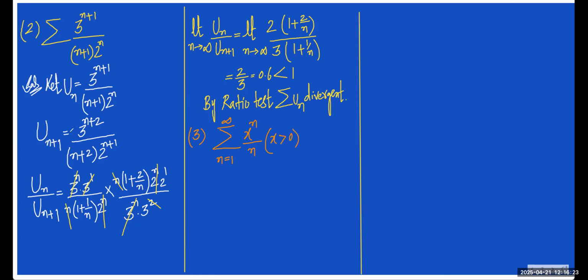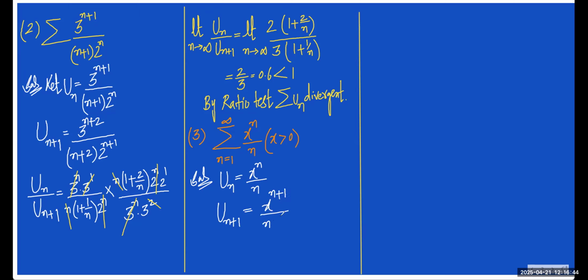So the summation value itself is a un value. Un is equal to x power n by n. Un plus 1 is equal to x power n plus 1 by n plus 1.